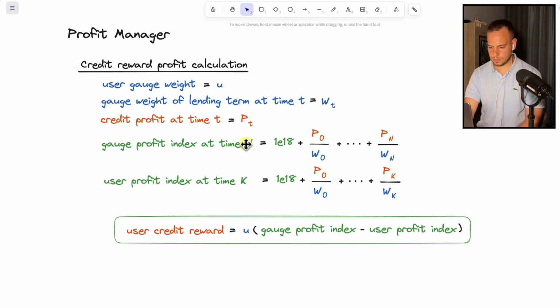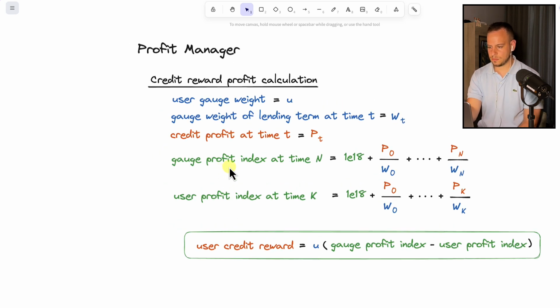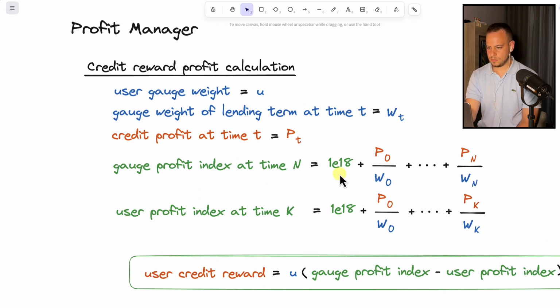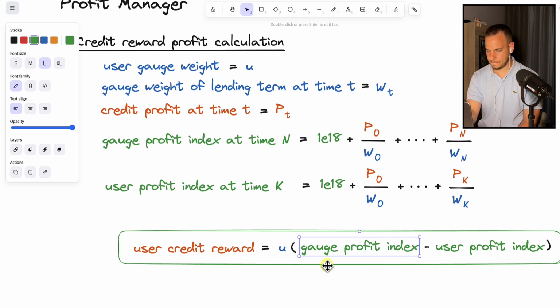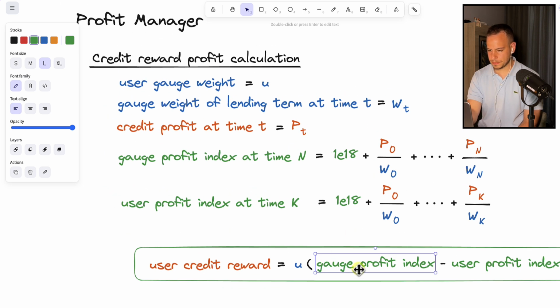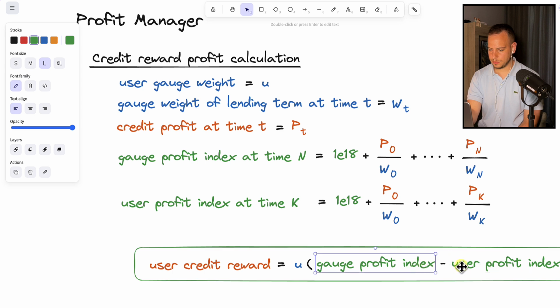To get the user credit reward, you multiply the user shares by the difference between the current gauge profit index and the last gauge profit index from when the user did some kind of action. So this is how the reward is calculated, and again, it's the same as the synthetic staking reward contract.